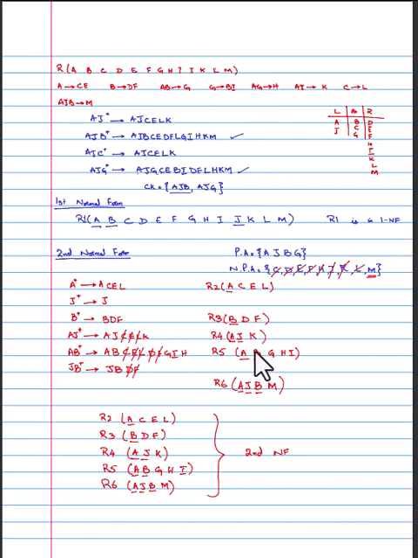Similarly, the closure of AB will become ABG, and then AG identify H. So this means indirectly H also depend on AB. And here G identify BI.